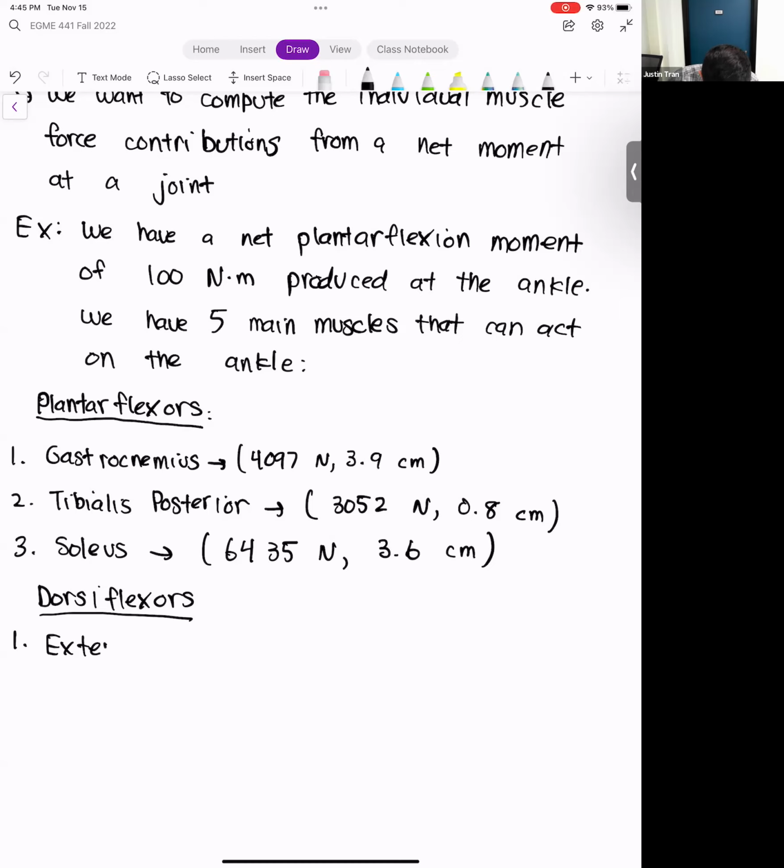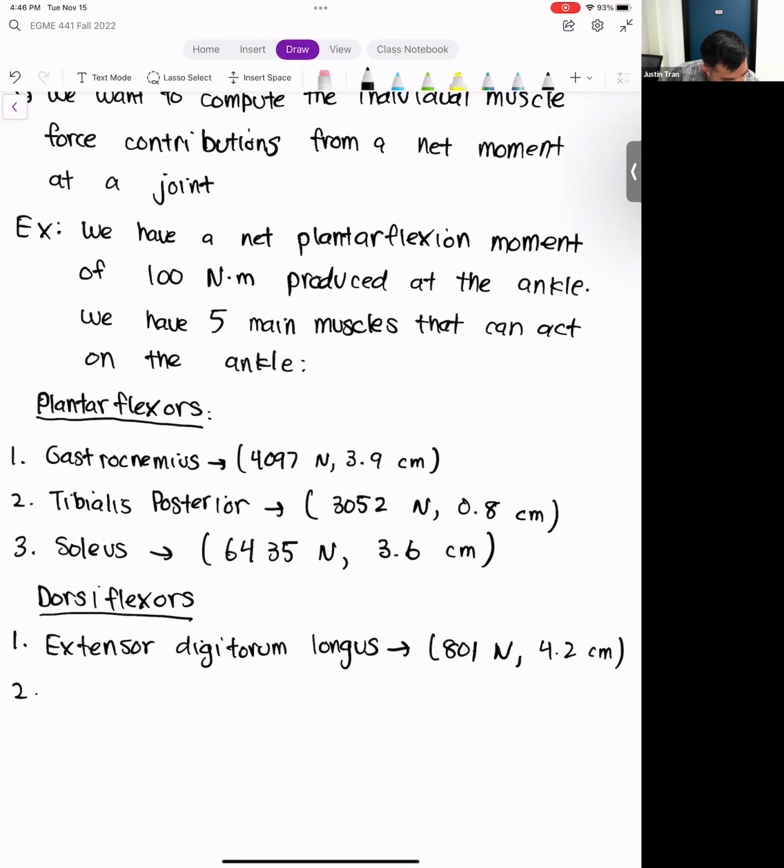Yeah, I giggle a little bit when I read that name too. The maximum amount of force that this muscle can produce is 801 newtons, and its moment arm is 4.2 centimeters.